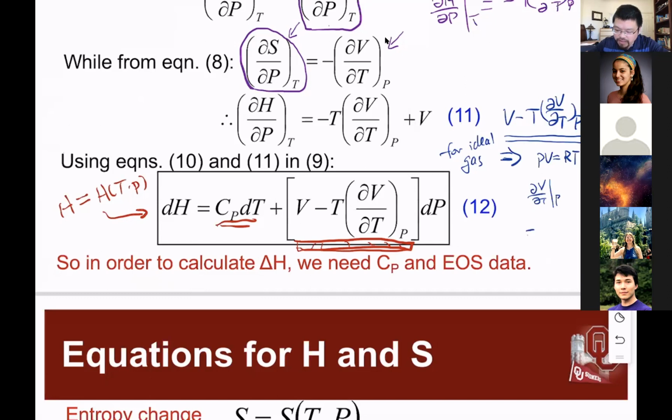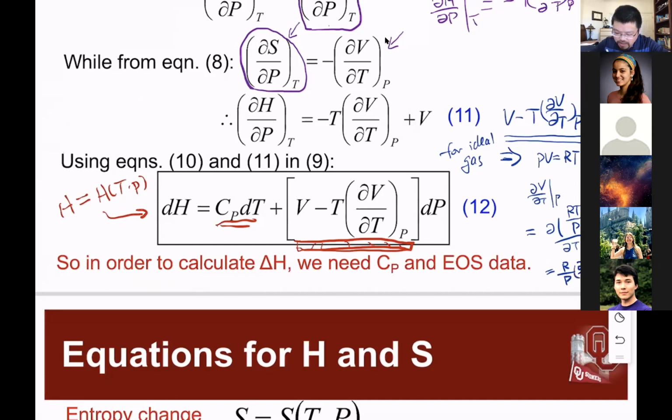What is the volume? The volume is RT over P. And here we keep pressure fixed, right? So if pressure is fixed, R is a constant, then this is R over P times dT over dT at fixed pressure, right?